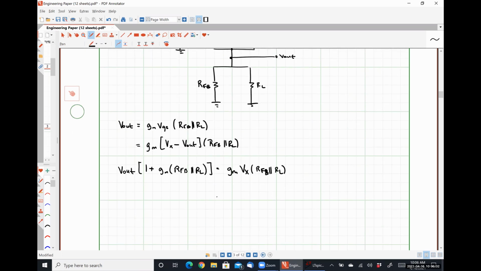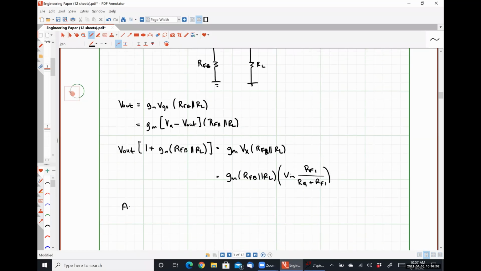So this is going to look like GM RFB in parallel with RL multiplied by Vn times RF1 over RG plus RF1.